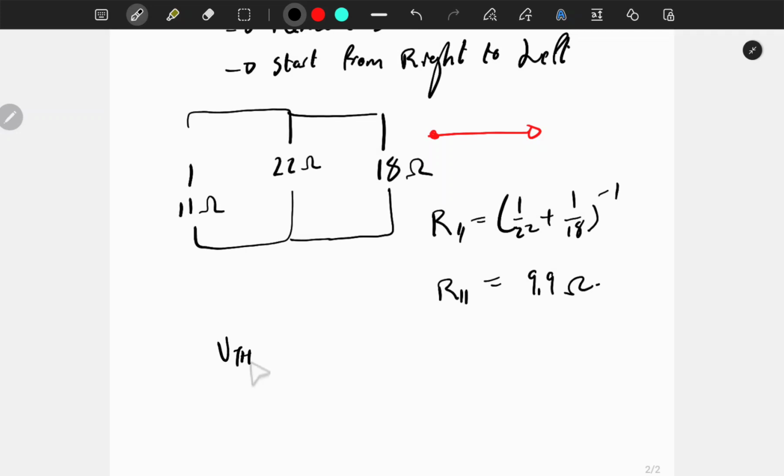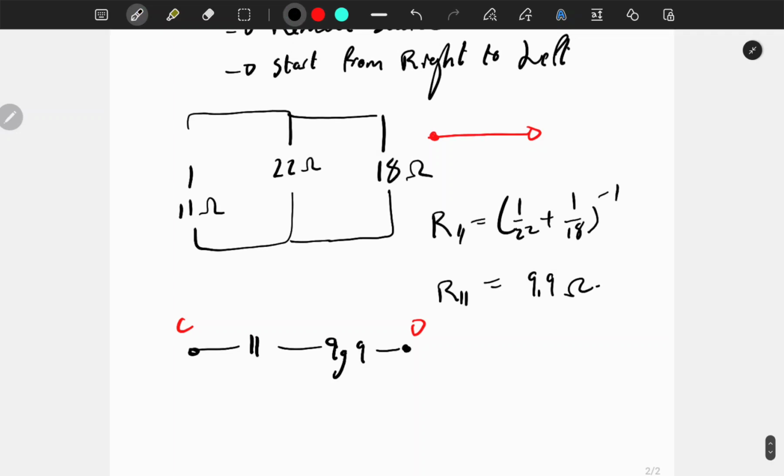So now we are looking for the Thevenin voltage, right? So we have 11 and we have 9.9. So let's put this point C and D, right?